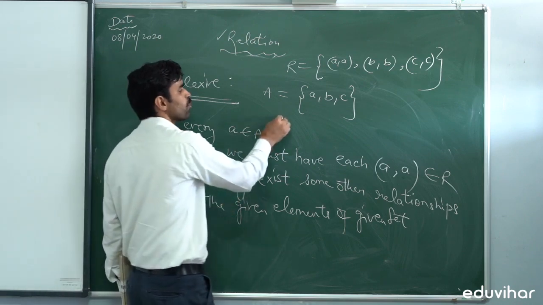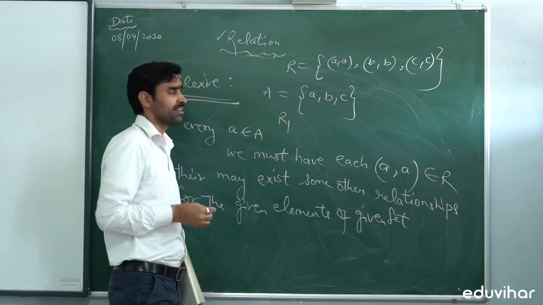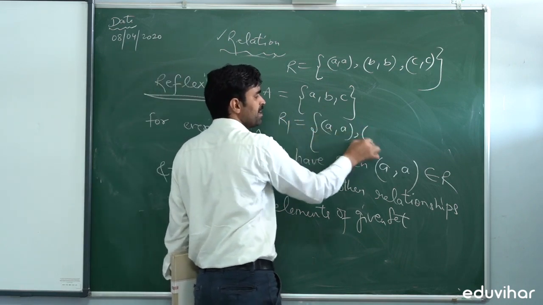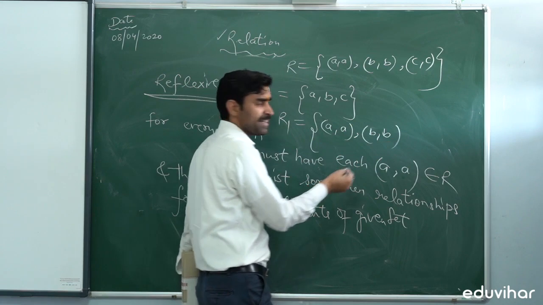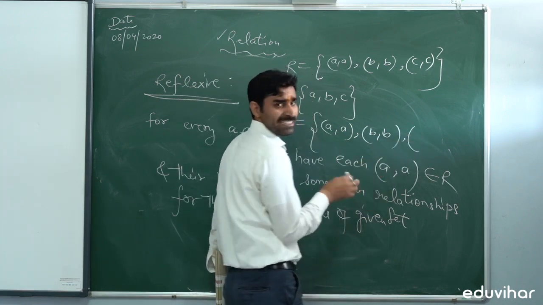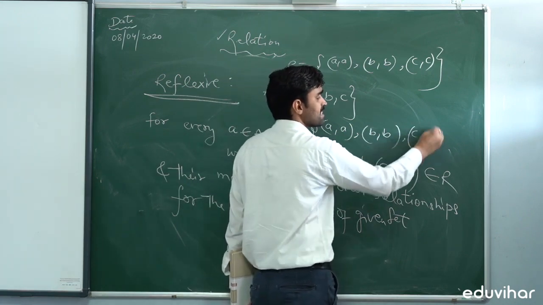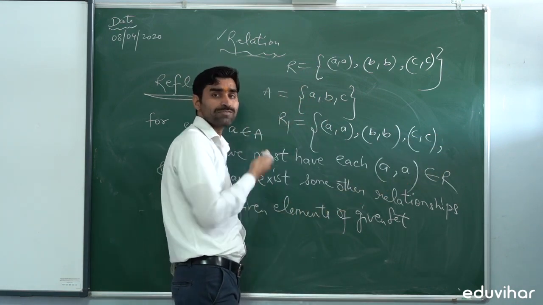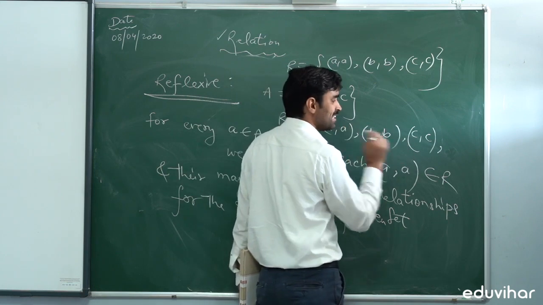We can also form some other relation R1 in such a way that we have AA, BB, CC, which are the ordered pairs that always exist in the relation. We can also have some other mappings of the given domain in the relation.